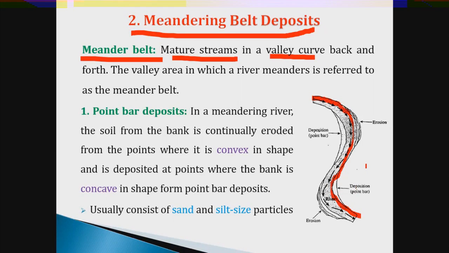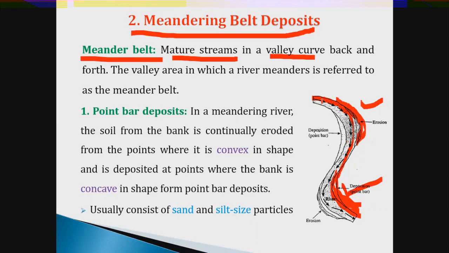In a meandering belt, the river banks have two types of shapes. You can see this bank is convex in shape, and that bank is concave in shape, because it moves inward and it moves outward. Now what phenomenon will occur?